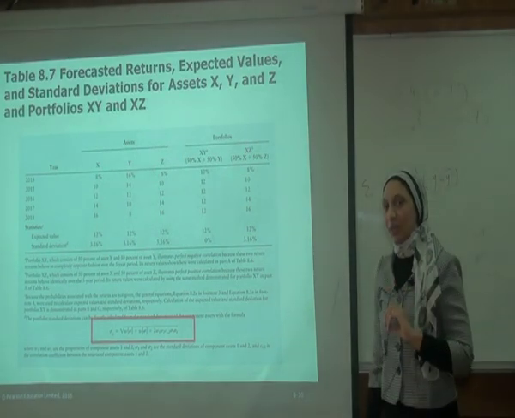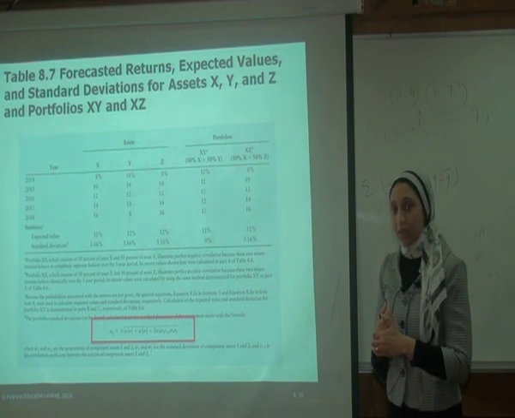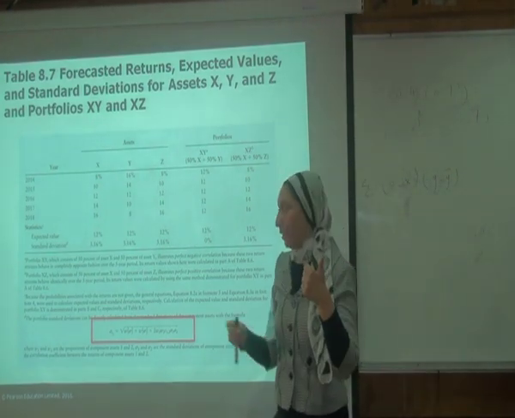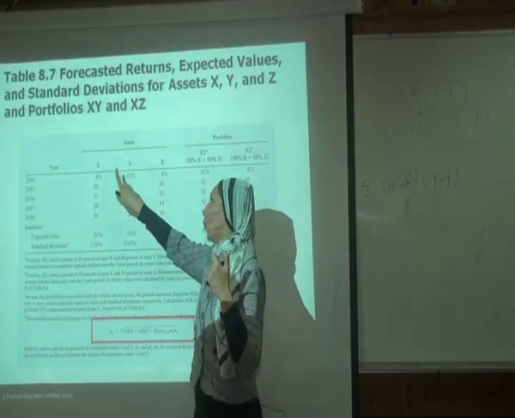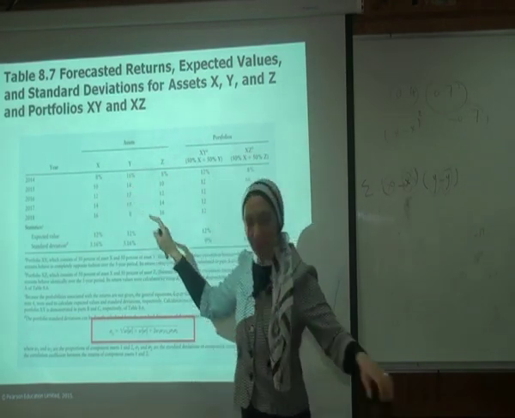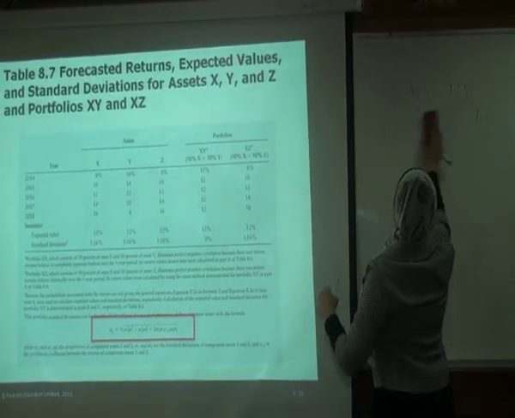So again, how to calculate the average return for portfolio A and portfolio B? As we mentioned, the average return is the weight of stock X multiplied by its return plus the weight of stock Y multiplied by its return.